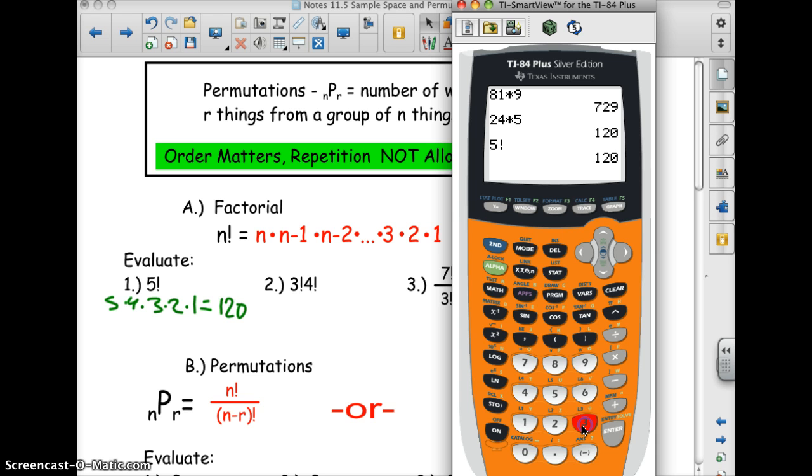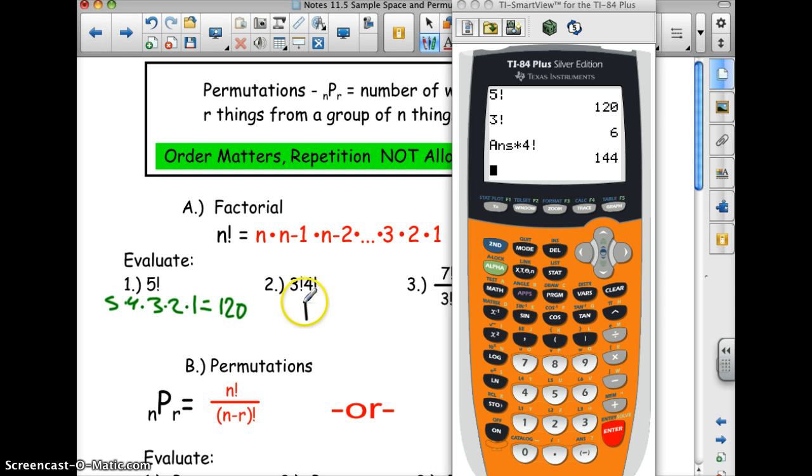It's up to you. You can do it this way and then times 4, or you can write it out. Either way is fine.